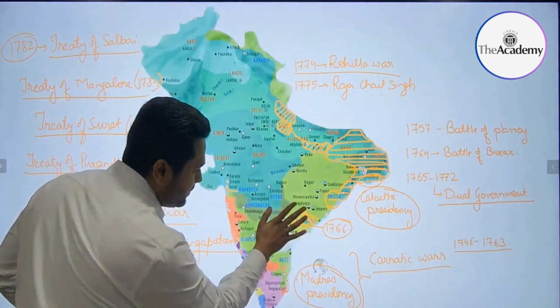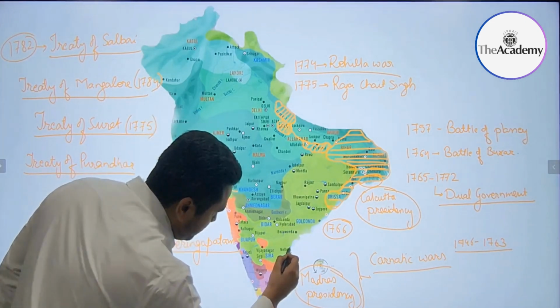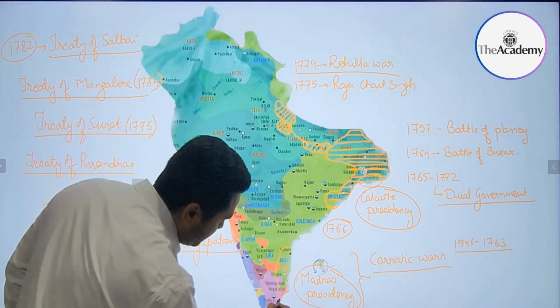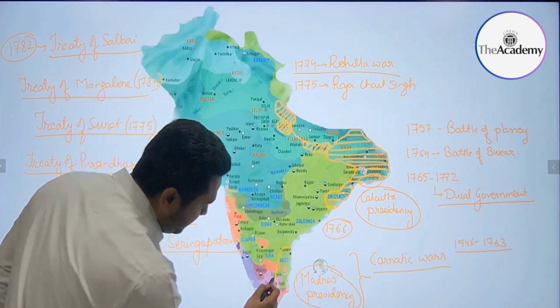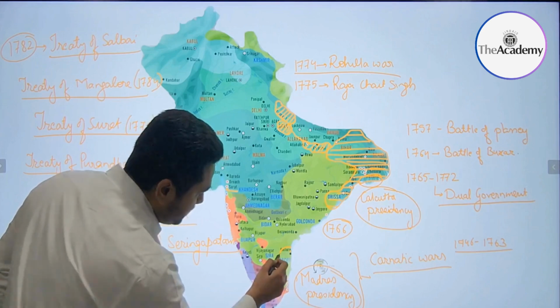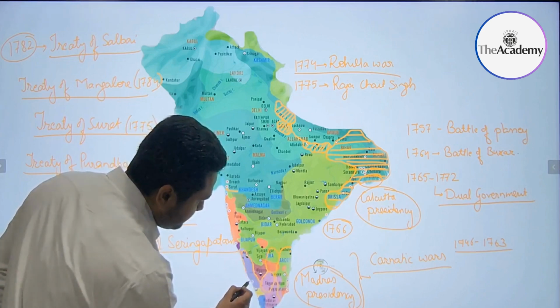Mysore lost badly. So we see, now this is the Arcot area, which is under the British control, and if this is Mysore, this is the Dindigul area, this is the Baramahal area, and this is the Malabar area.